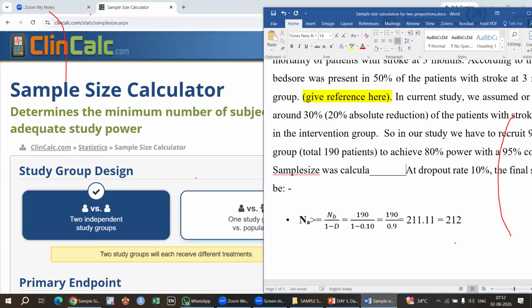Okay, so if anybody wants to recheck this, the same result will come. Nowadays sample size calculation is rechecked again and again, so you have to mention each and everything. Got it?